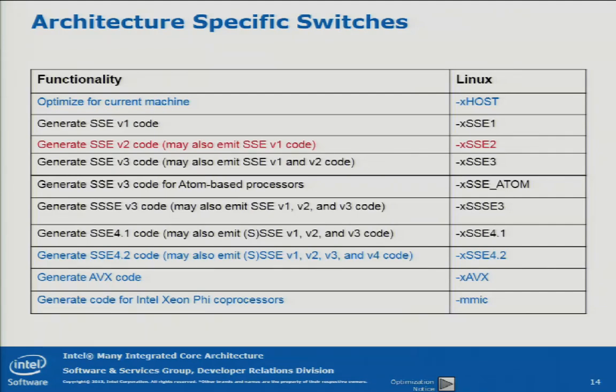Or you can select any of these to specify which platform to generate code for. The default is rather old SSE2, because that's supported by AMD, by old Intel processors and Atom. Or you can select shiny new AVX code or code for the Xeon Phi coprocessor with the corresponding compiler switch.